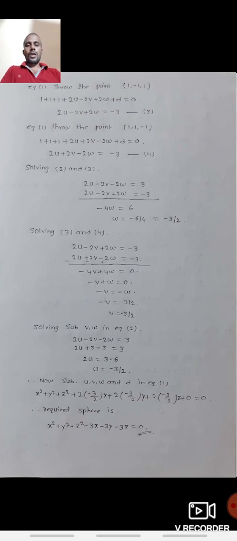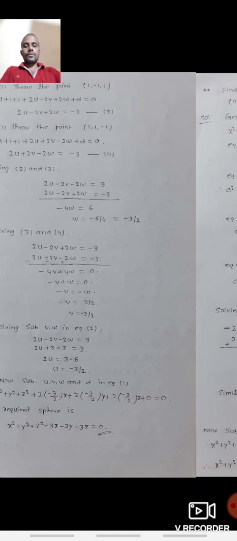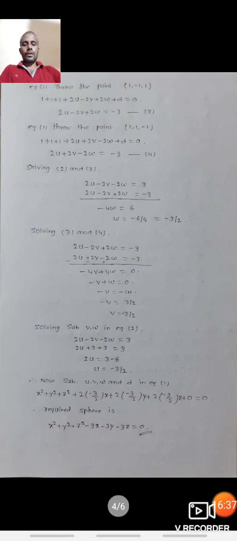Now solve equation 2 and equation 3. 2u - 2v - 2w = 3 and 2u - 2v + 2w = -3.